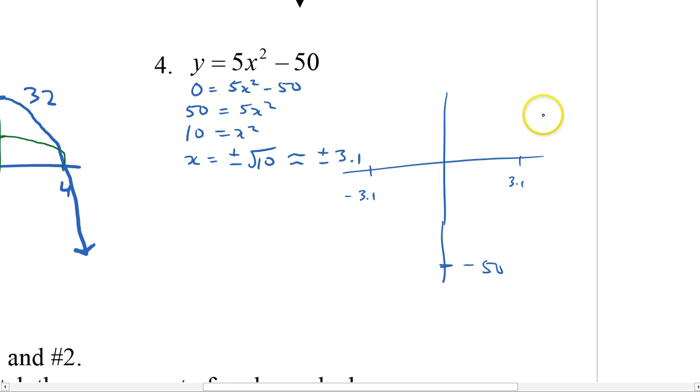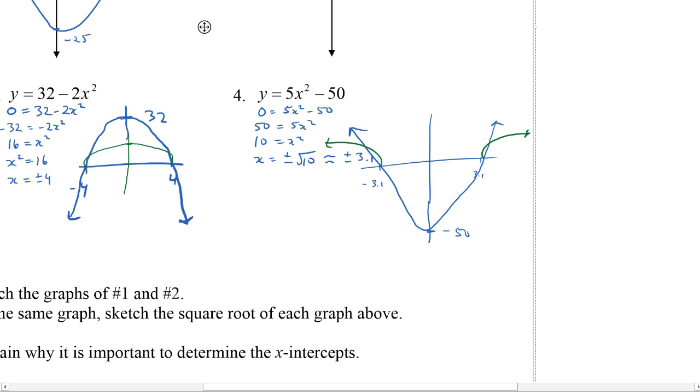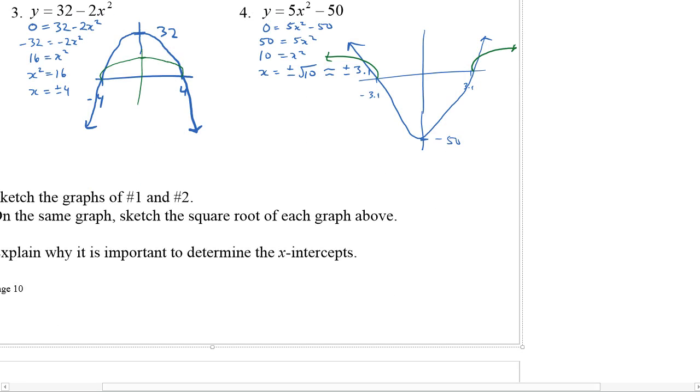So my original graph kind of looks like this. Pretty ugly looking. And then my square root, again, it'll have nothing where it's 0, and it'll go like this, and it'll go like that. So you see these patterns emerging when we've done the same type of graph a few times.